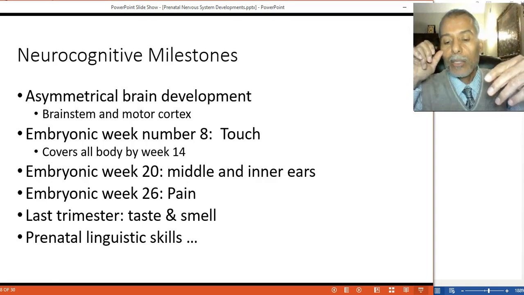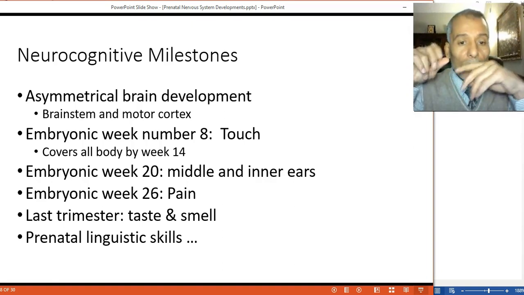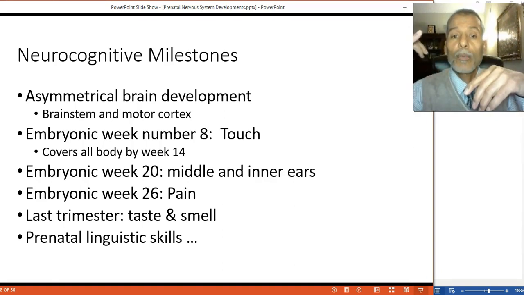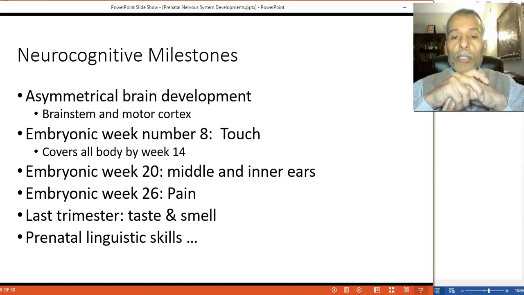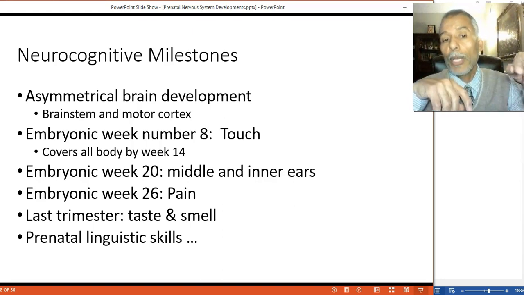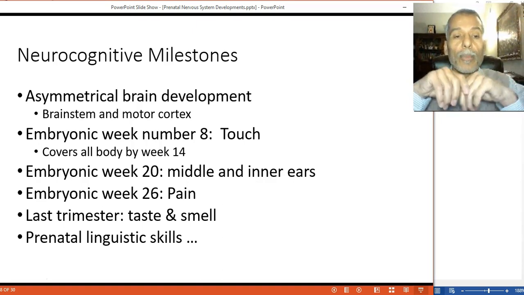So during the last trimester of pregnancy, the baby is able to get a lot of exposure to a lot of sounds, and that is going to enhance the baby's ability to learn these things after the baby is born.